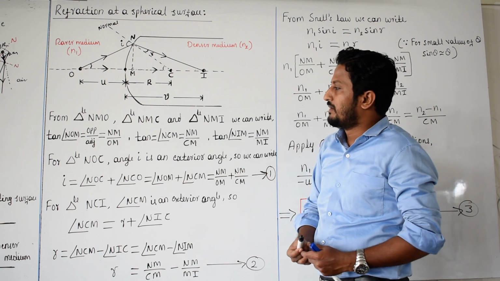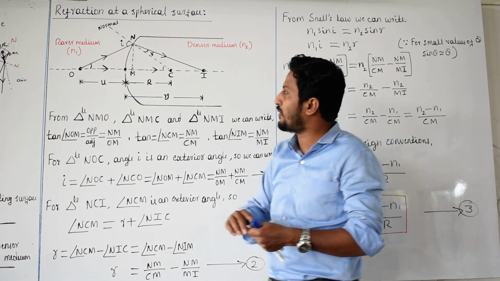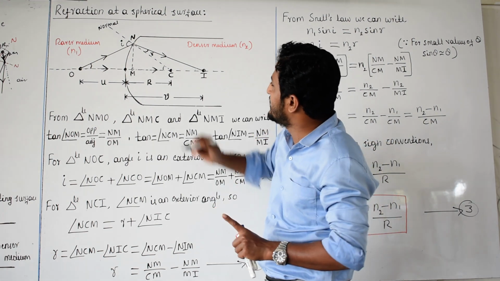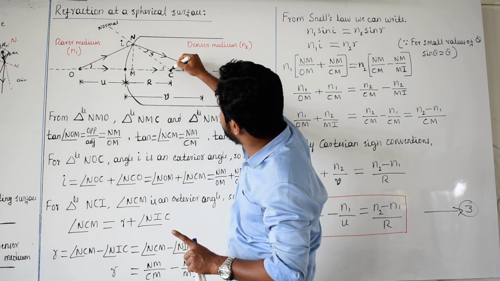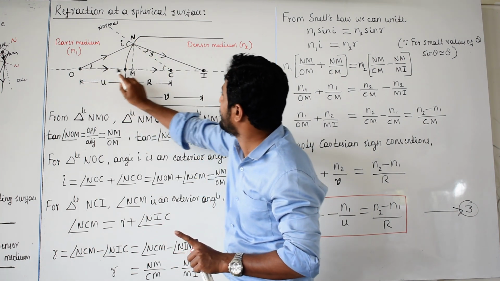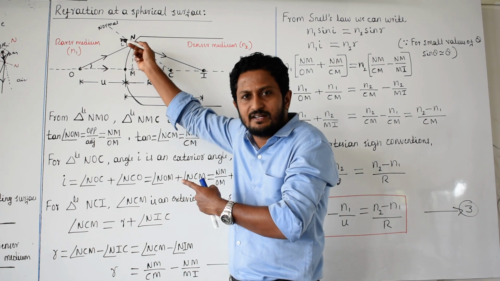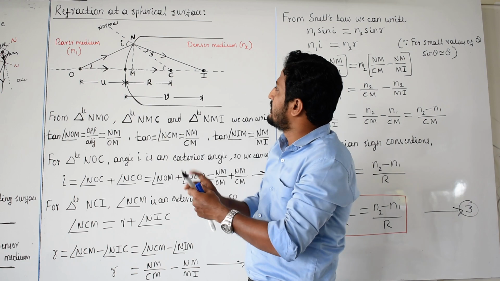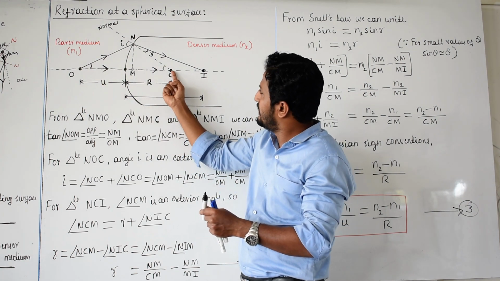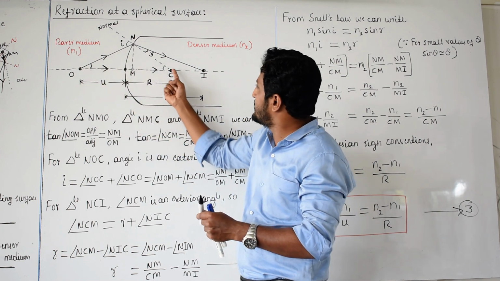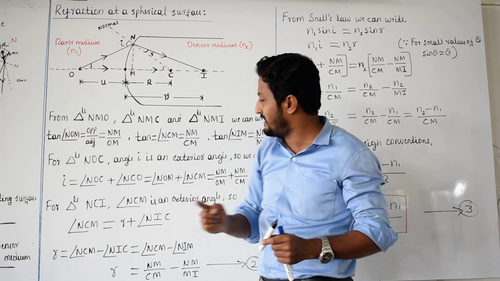Now for triangle NOC, look here, it is very important. For triangle NOC, this is N, this is O and this is C. For this triangle, is this angle I looking like an exterior angle? Yes. For this triangle, this angle I is an exterior angle.